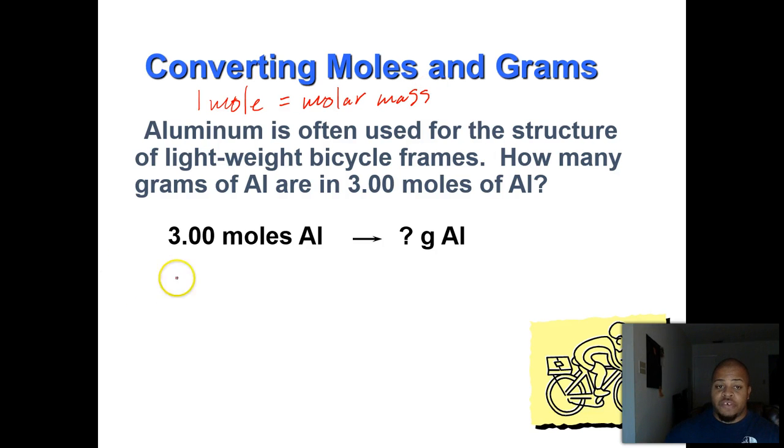Well, let's set up our table first, actually. So, 3 moles. And where do we go from here? Well, if I have moles here, that means moles at the bottom. And grams is going to be at the top. Let's take a look at the next slide and see how we actually set it up.